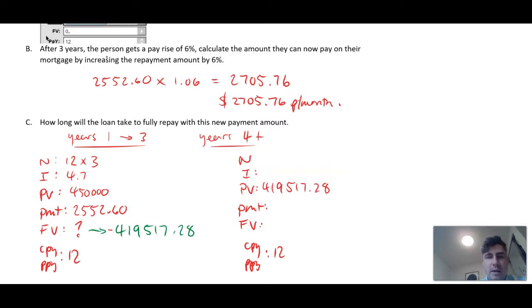So that's positive. Okay, it's still 4.7. PMT has now gone up to 2705.76, which we calculated in that part B. FV we want to be 0 at the end of this, and the question mark is N. We don't know what N is going to be now with this new setup.